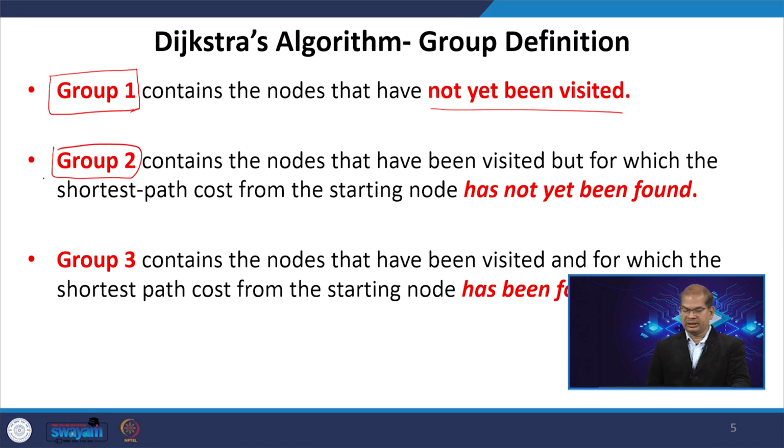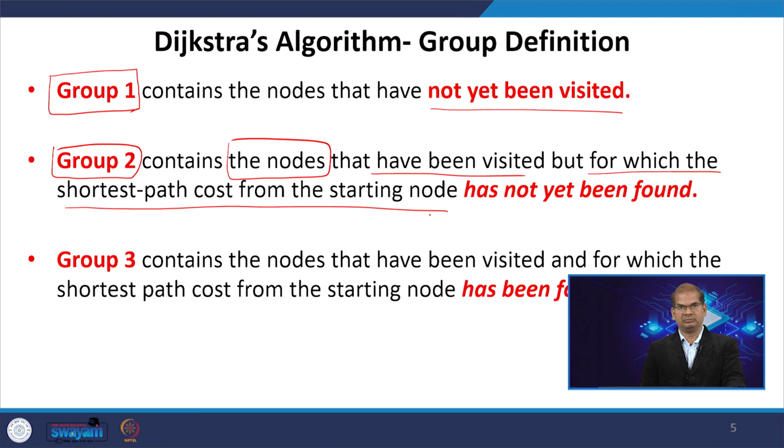Group 2 will contain the nodes that have been visited, but for which the shortest path cost from the starting node has not been found out. The node is visited, but its shortest path from the source node has not been found out. That falls into the category of group 2.